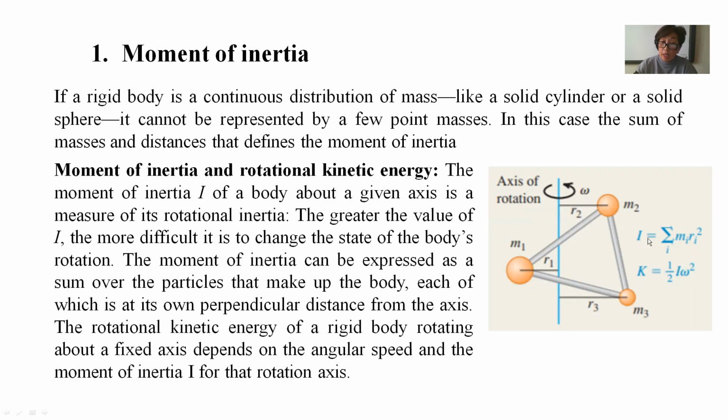Here this is the formula of moment of inertia of the system, and the system consists of three masses M1, M2, M3, and this is the distance between the first mass and second, second and third, and first and third, the distance between two particles.